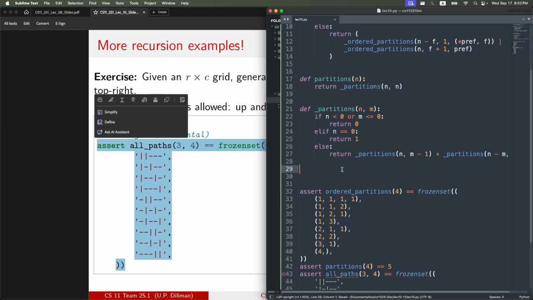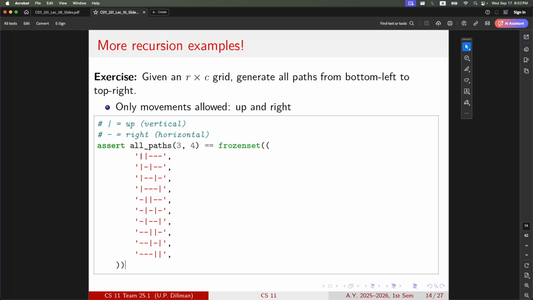Let's write all paths. Here, a pipe corresponds to a vertical move upwards, and a dash corresponds to a horizontal move to the right. So only movements allowed are up and right.